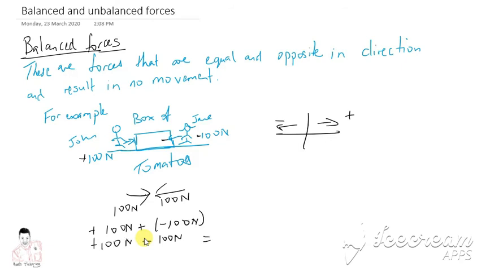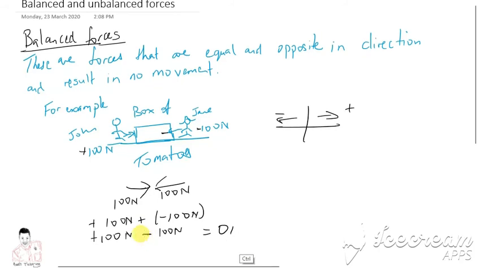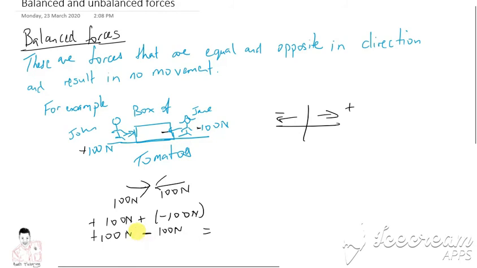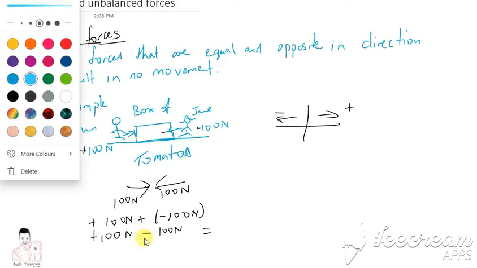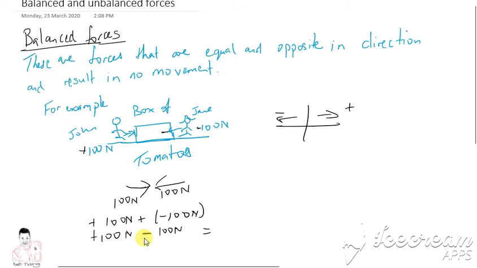If we do the mathematics, we end up getting 0 newtons, which just goes to show us that our box is not moving. 0 newtons. And with this, you wouldn't have a direction because both of the things would cancel out each other. So that's what balanced force is.